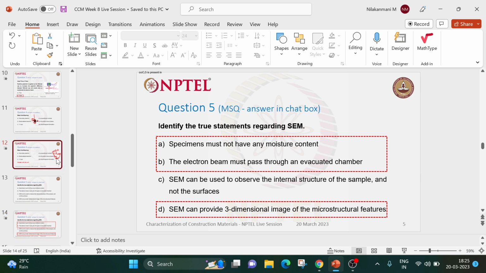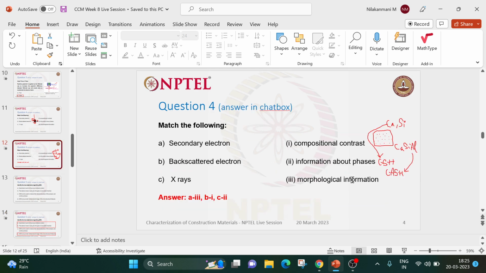And I didn't properly explain this thing I felt while discussing the fifth question. Most of you would have thought that elemental composition is what we get from X-ray EDX, right? But here the thing is not elemental composition, it's compositional contrast. In no case can we get compositional contrast from energy dispersive X-ray spectroscopy.